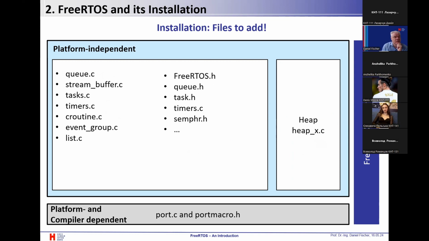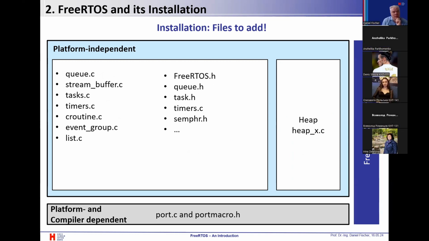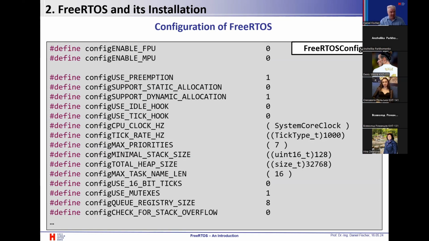Okay, next we should talk a little bit about this configuration. The configuration of FreeRTOS is done in this very important file, FreeRTOSConfig. This file is really large, maybe 4 or 5 pages on screen.